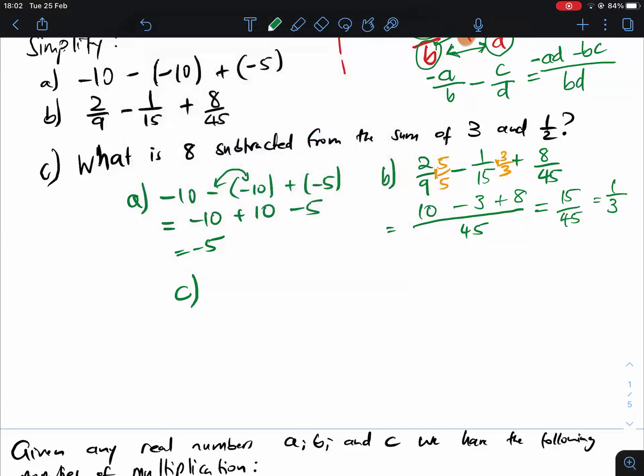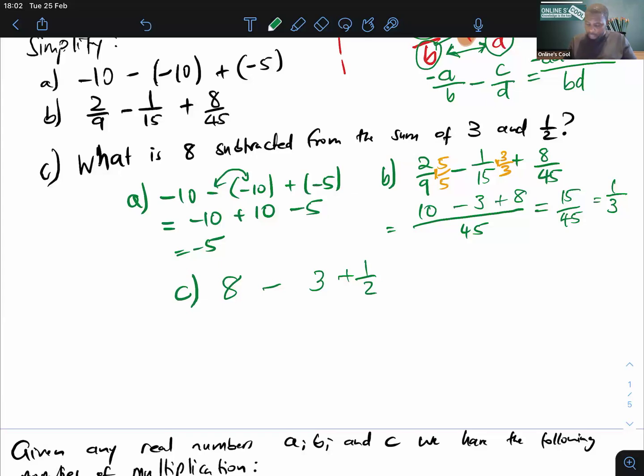So it's going to be 8 minus 3 plus 1/2. Like this. Yeah. Tavile, what do you think? That's about it. You can put 3 plus 1/2 in brackets for more clarity.